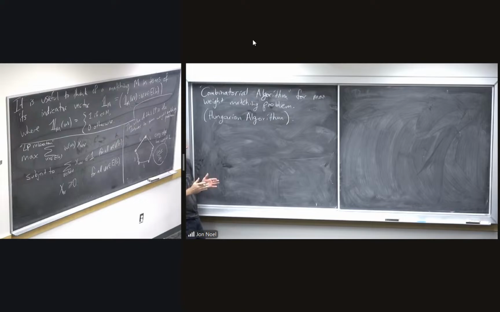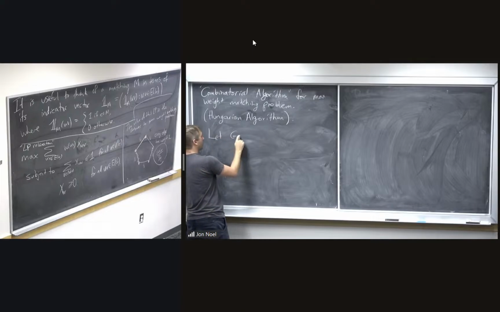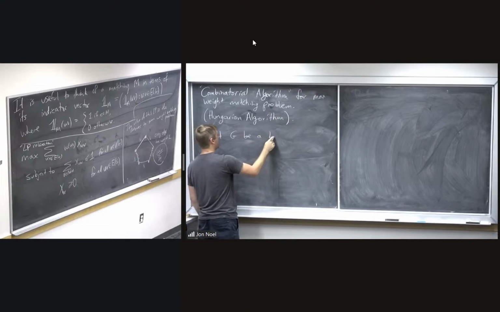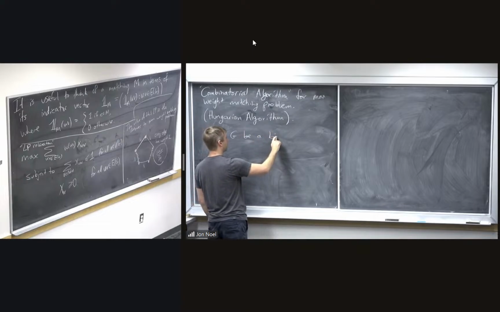Actually, before we give this algorithm, it's going to be convenient to take any maximum weight matching problem and first turn it into a perfect matching problem, because it's going to be convenient for how we describe the algorithm. So let G be a bipartite graph. I'm going to do a few reductions first.